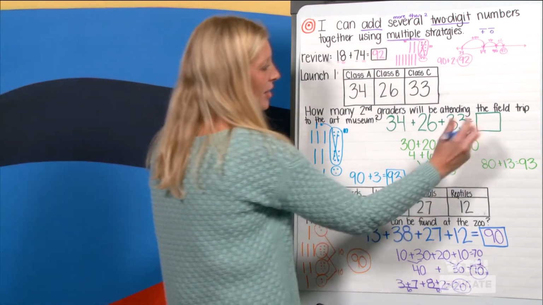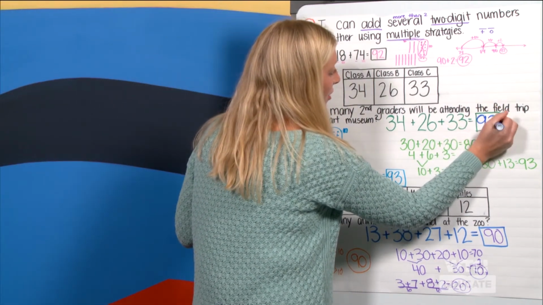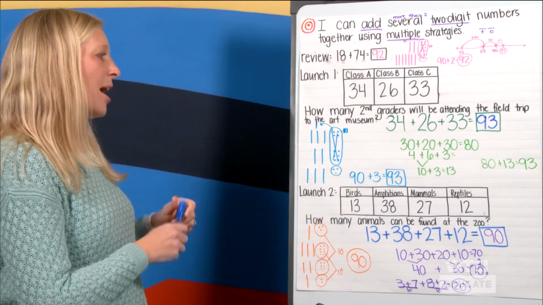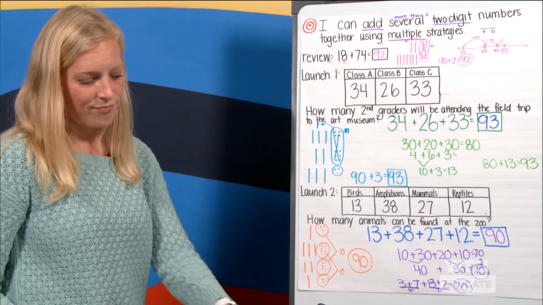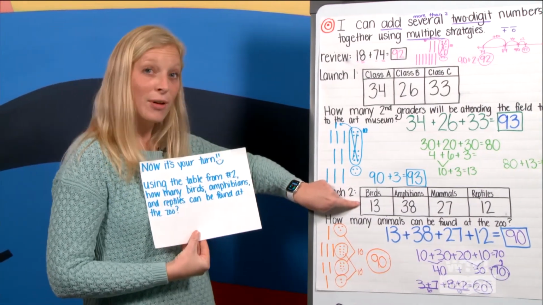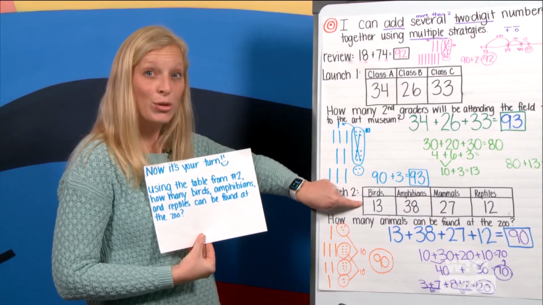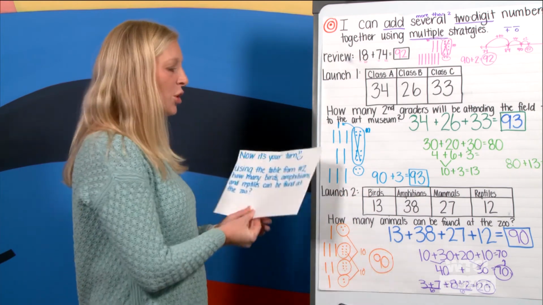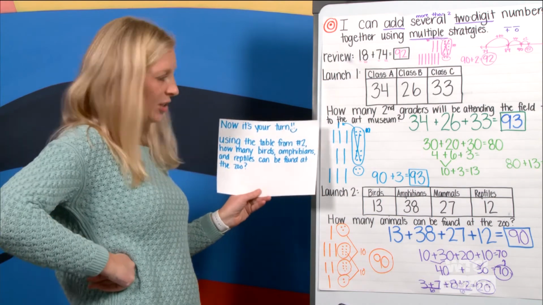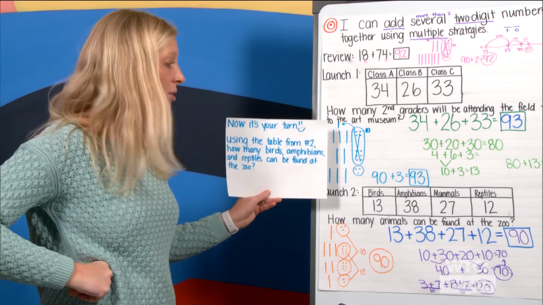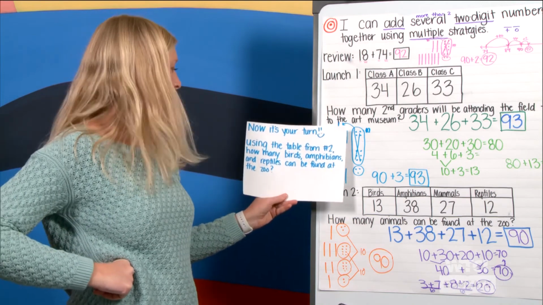I don't want to forget to add this in here too. Hate leaving blanks on my chart. Now, your job, your turn, is to use this table from our animals at the zoo. Using this table, 13 birds, 38 amphibians, 27 mammals, and 12 reptiles.